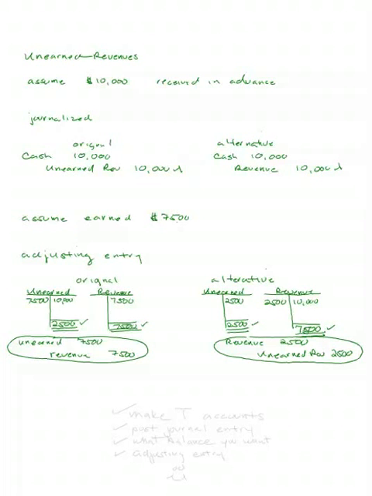I highly recommend that you make T accounts and post your original entry. Post your journal entry when you originally purchased or received the cash, and then look at what balance you want in the account.